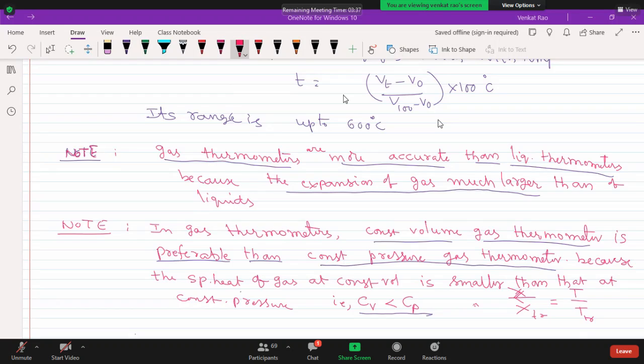It works based on Stefan's law. That is in our syllabus; it will come within 2 weeks, in this chapter only.